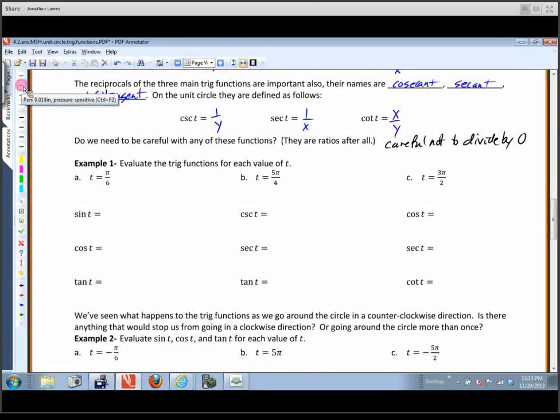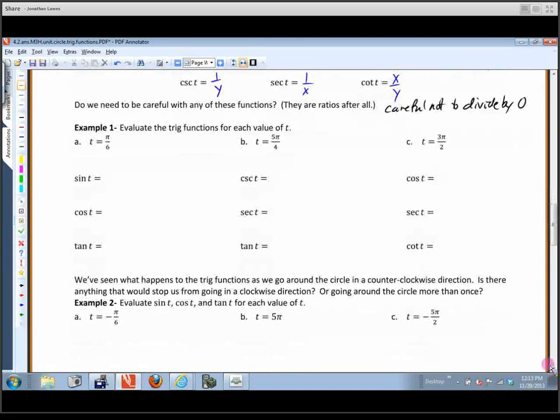We're going to compute some trig values now. It says evaluate the trig functions for each value of t. I've got a different value of t, a different angle, for each one of these, and then a couple of different choices for the trig functions.